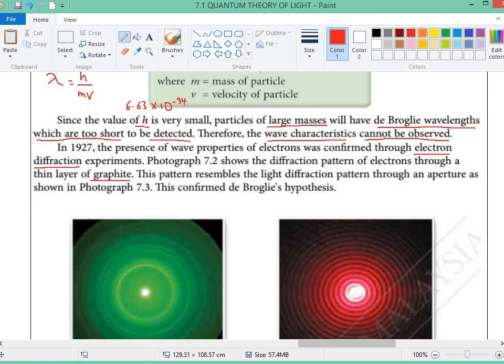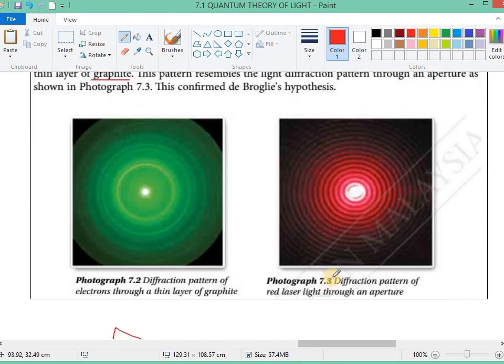So this confirms de Broglie's hypothesis. So you see, first this is the diffraction pattern of red laser light. You can see the diffraction pattern has bright, dark, bright, dark, bright, dark, bright, dark. And now you look at the diffraction pattern of electrons.